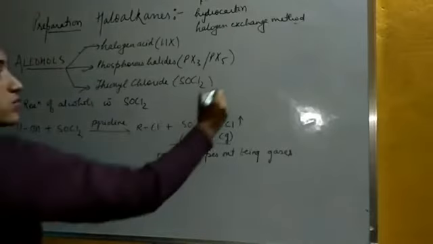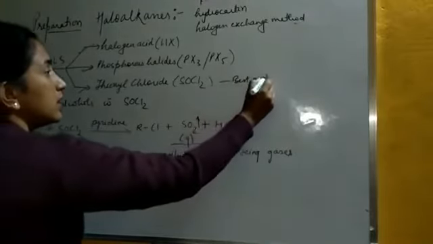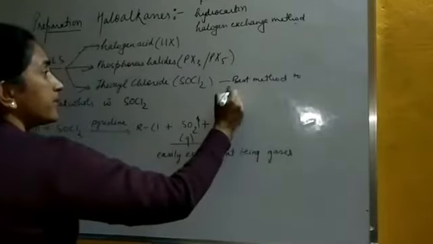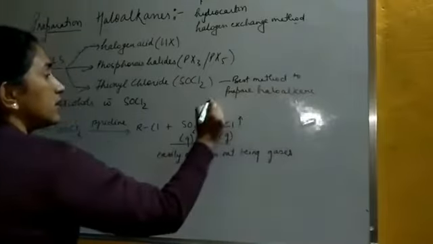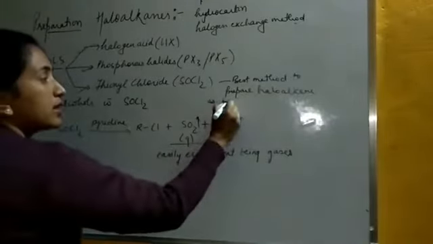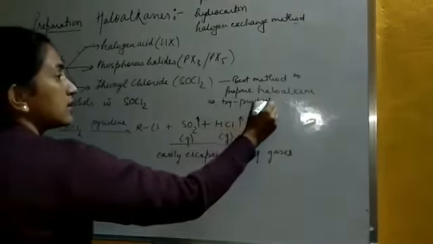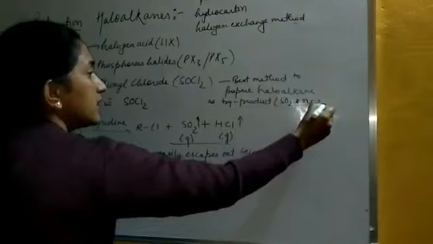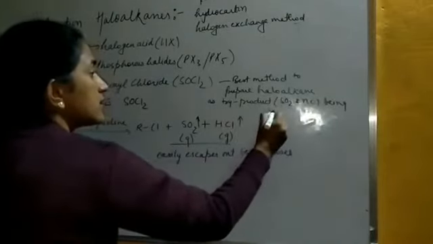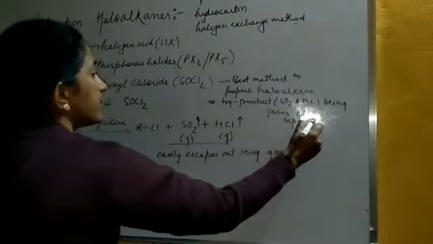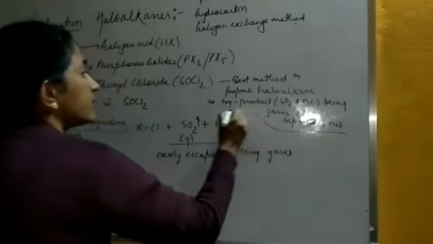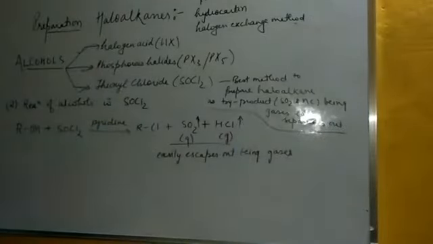So this is the best method to prepare haloalkane, as the byproducts SO2 and HCl, being gases, easily separate out. So thionyl chloride will be the best reactant to react with the alcohol to form the haloalkanes.